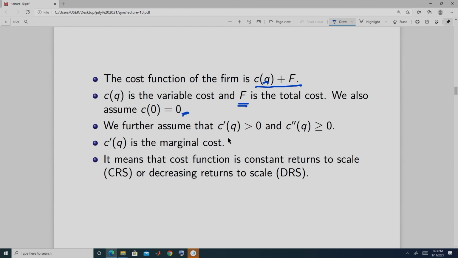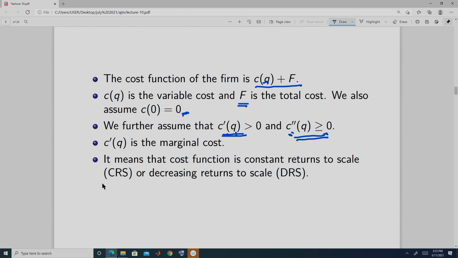Now, we assume that this is the marginal cost, it is always positive, and the second derivative of this cost is always non-negative. So, what does this mean? It means that this can take a 0 value or it can take some positive value.